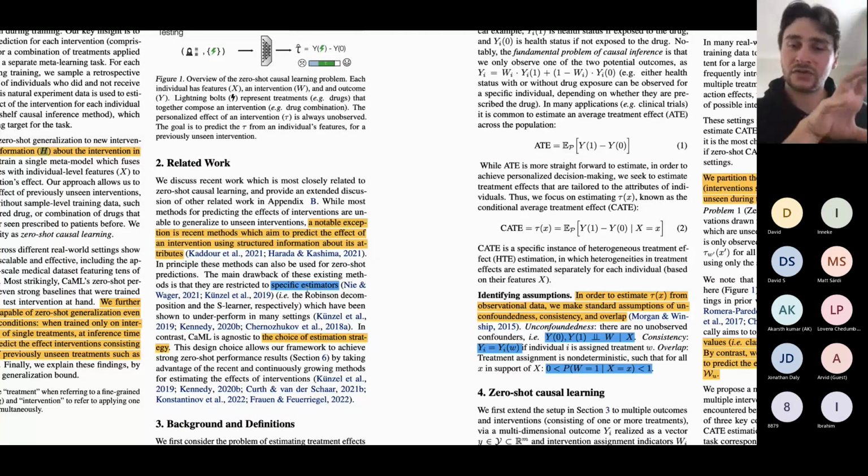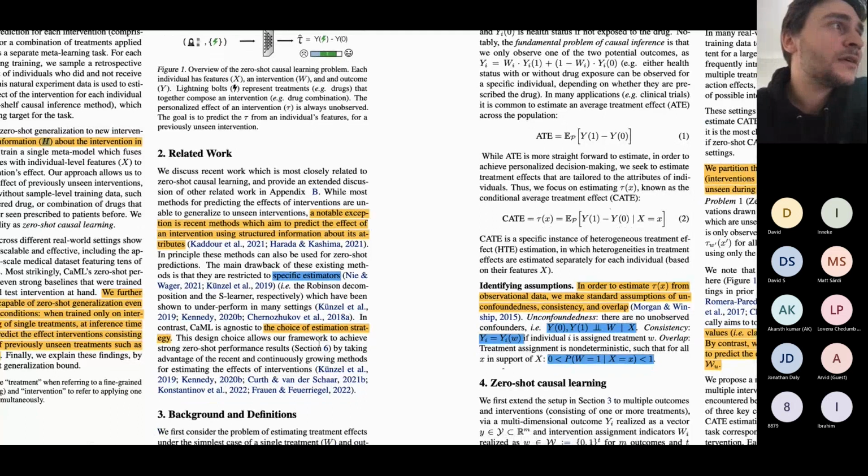You could use any conditional average treatment effect estimating model with their method, which in theory is true, whereas all the other methods in the past use a specific model that they propose. So this is a model agnostic technique, and it can be used with any of the models that have been used in the past.